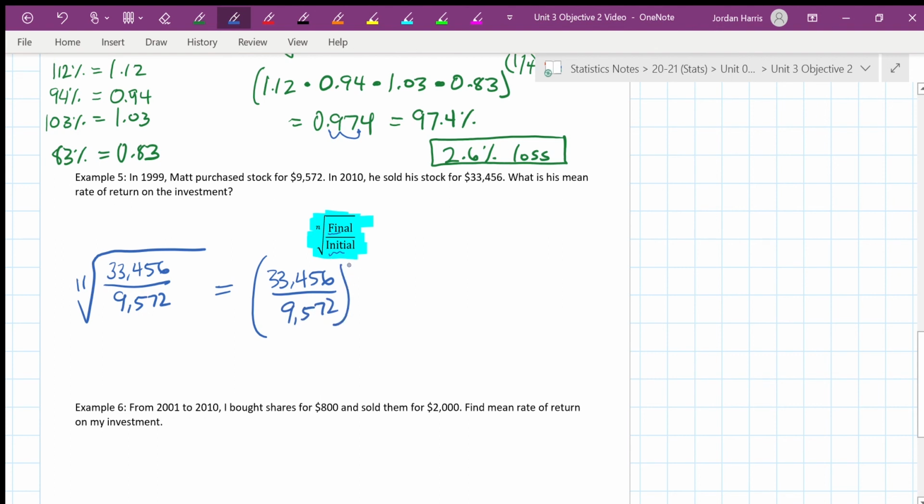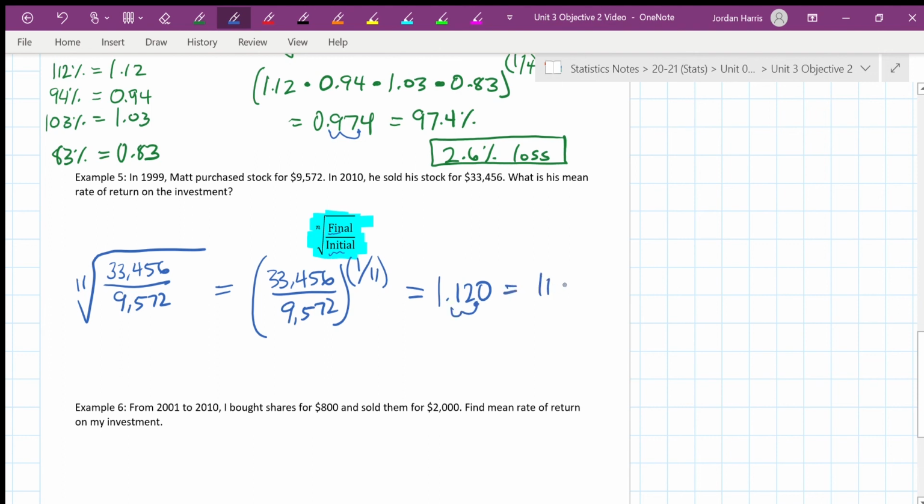Whichever one you can use. 1/11th is the exponent here. So I divide those in parentheses, raise it to the power of 1/11 in parentheses, and I'm going to round, so 1.120. Move the decimal twice to the right.